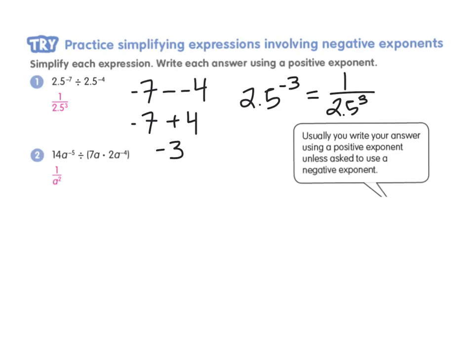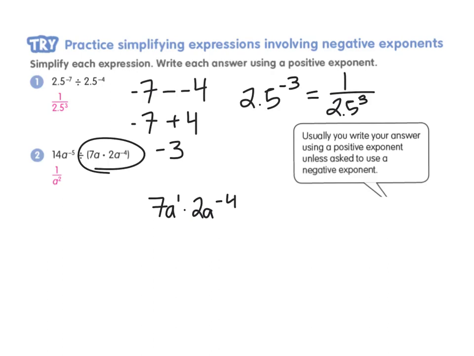And for number 2, let's start by simplifying this part right here. We have 7a times 2a to the power of negative 4. Let's start by looking at what would happen with our a's. We have a times a to the power of negative 4. This is like a to the power of 1 times a to the power of negative 4.